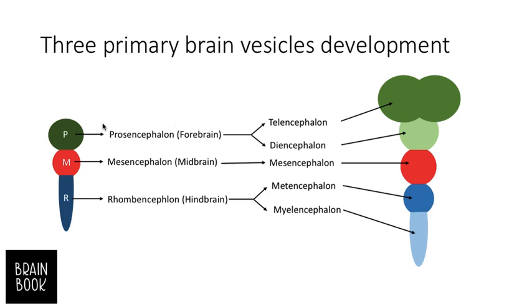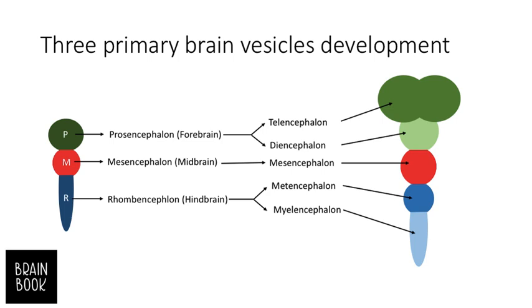And there are three primary brain vesicles during the development, as we saw during the neurulation, when the neural tube formed from the neural plate.